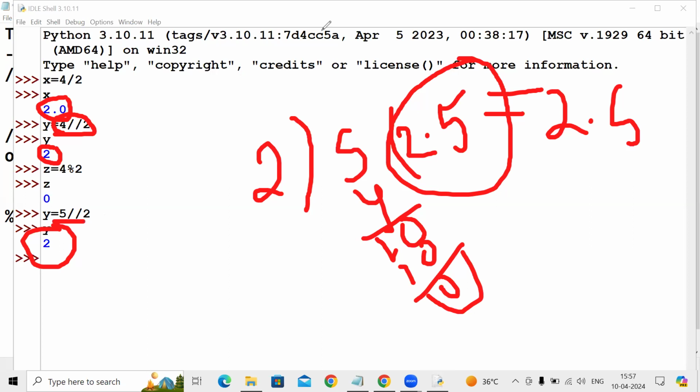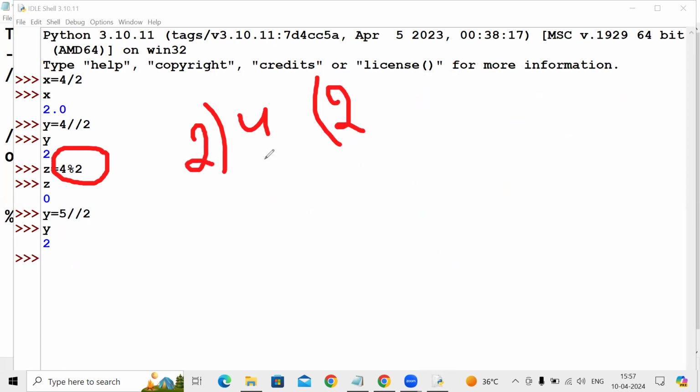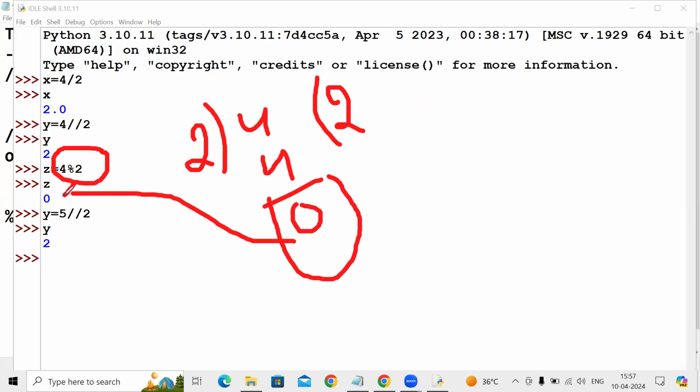And one more division operator we have, that is modular division. In this case, it takes the result from the remainder. Whatever remainder value we get after dividing, only that value it takes.